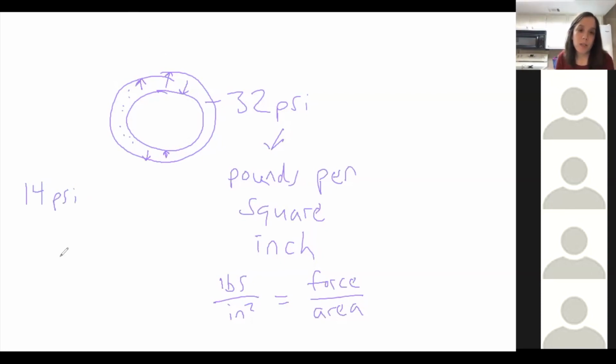And what that means is that per square inch of your body, which is not that big, if you were to do a square and each side was 1 inch, that would be a square inch. Per square inch of your body, you're holding 14 pounds of air pressure. Now, you don't feel this because you're used to it, but you are carrying this pressure on your body. Every square inch of your body holds 14 pounds of air.